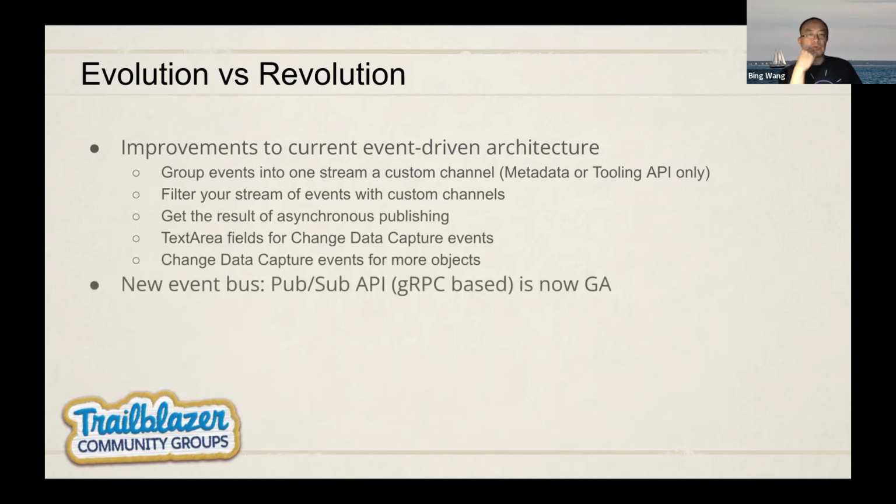The new thing, the really revolutionary thing for event-driven architecture for Salesforce, is the introduction of PubSub API based on gRPC. This is now GA. It's been in pilot and beta for a while, and now fully available for everyone. And I'll talk a little more about what that is and why this is important in the next few slides.